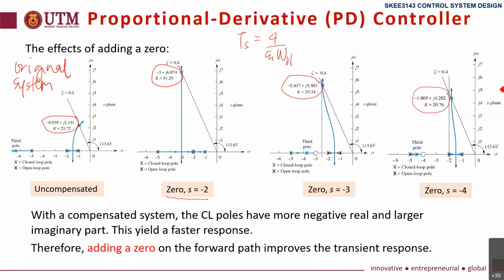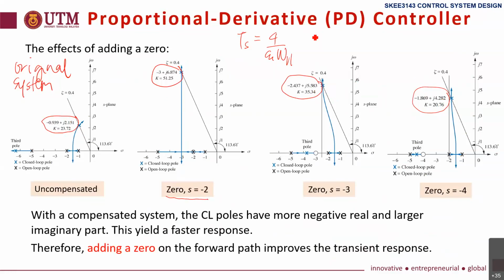So first we can see that when we add 0, the system will become faster as compared to the original system, because it moves farther from the origin. Next, we can see that the imaginary part, initially J 2.1, now J 6.8, 5.8, 4.2.